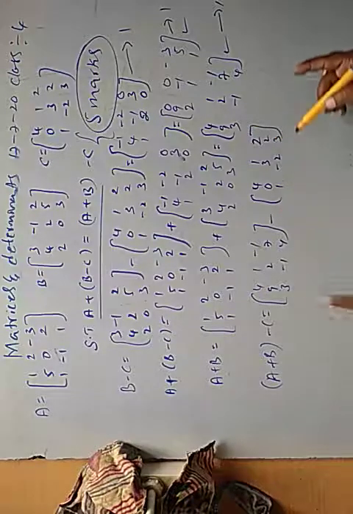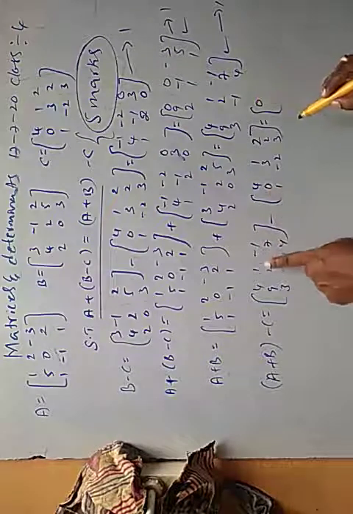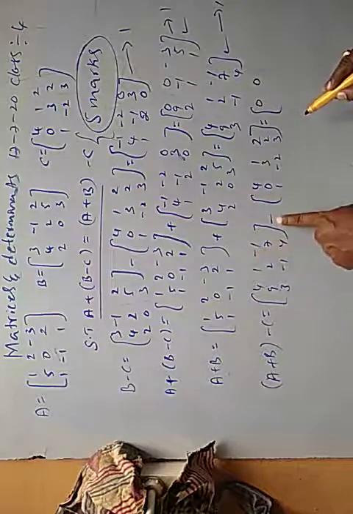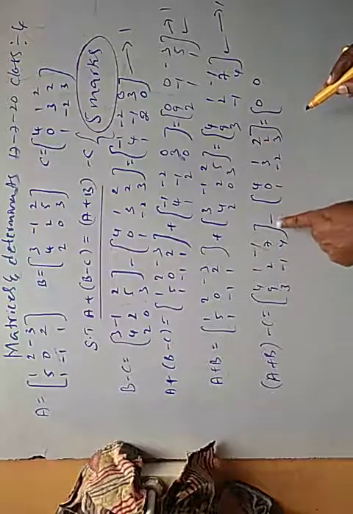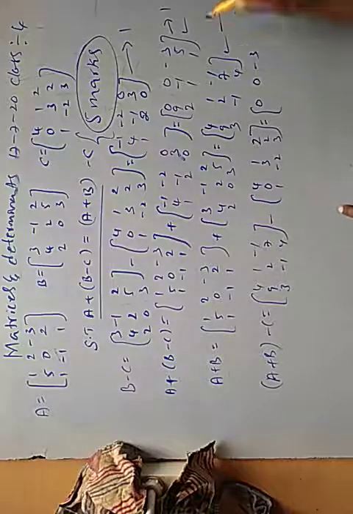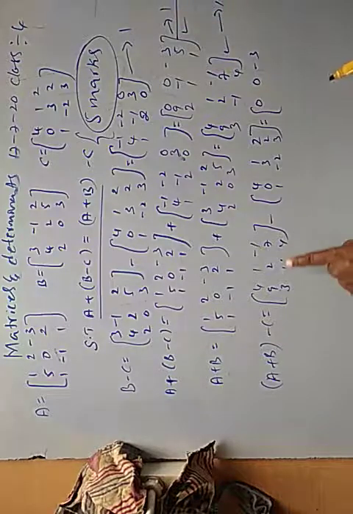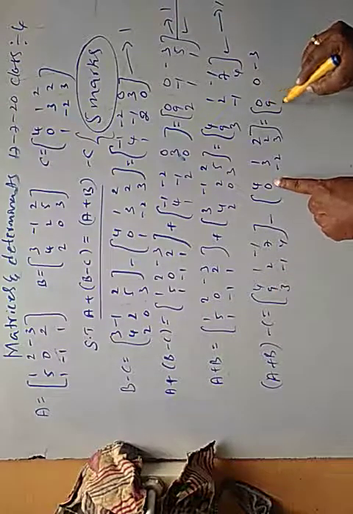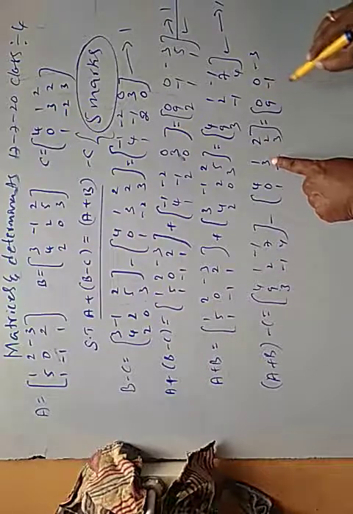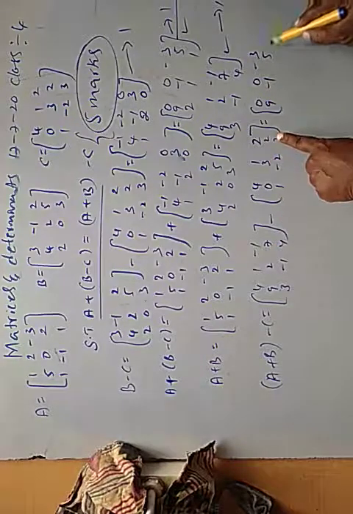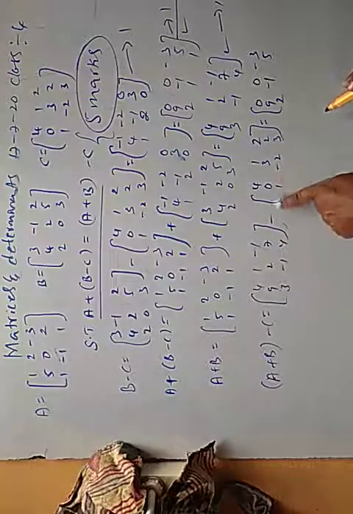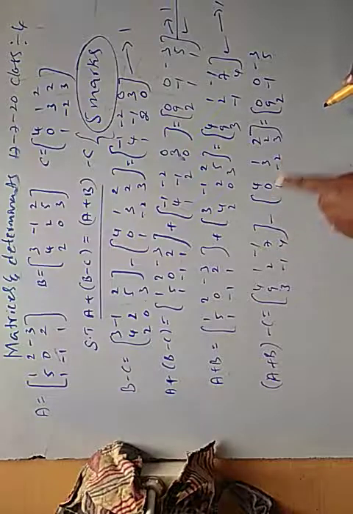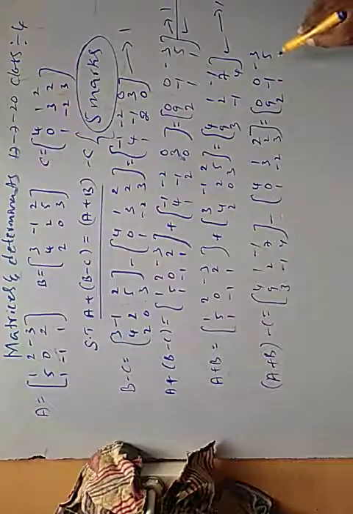Be careful. 4 minus 4 is 0, 1 minus 1 is 0, minus 1 minus 2 is minus 3. This is equation number 1. 9 minus 0 is 9, 2 minus 3 is minus 1, 7 minus 2 is 5, 3 minus 1 is 2, minus 1 minus of minus 2 is plus 2, minus 1 plus 2 is 1, 4 minus 3 is 1. Correct, equation number 2.